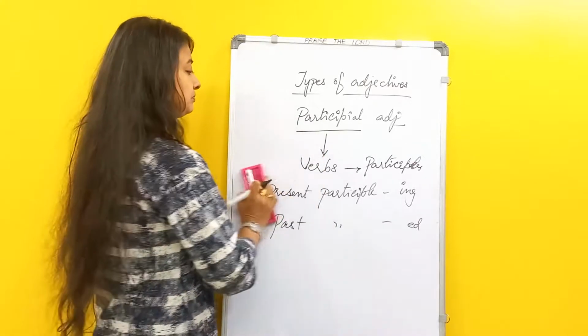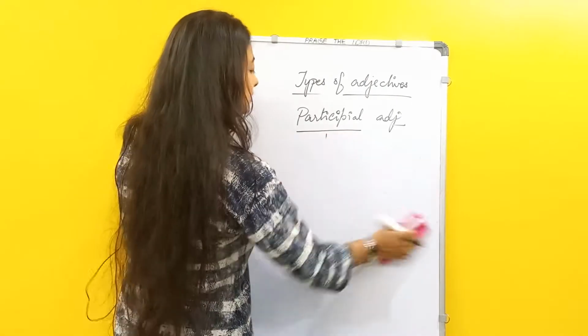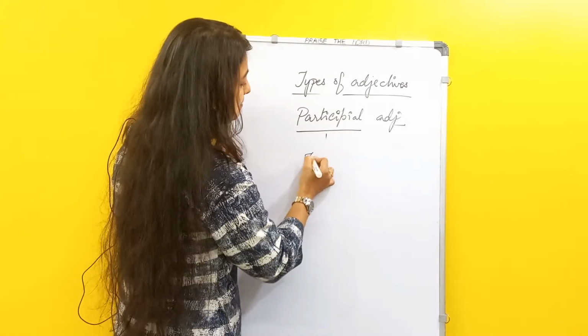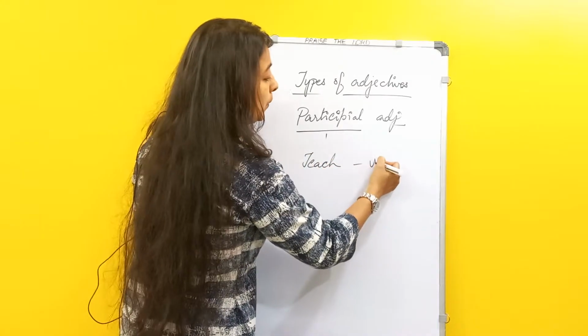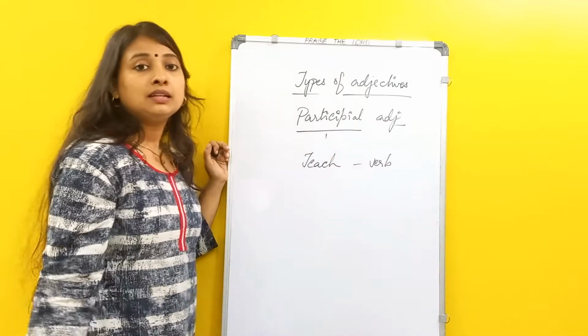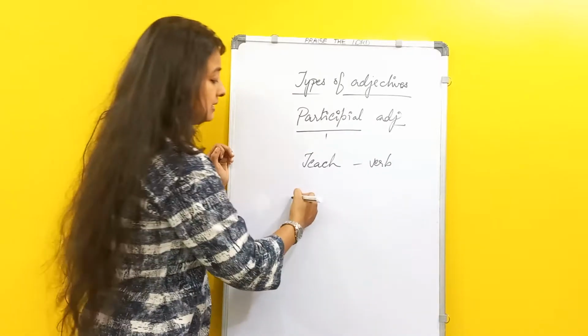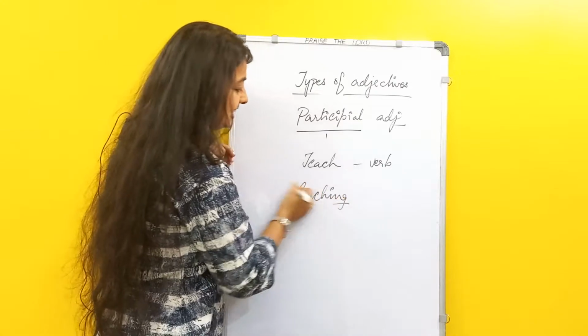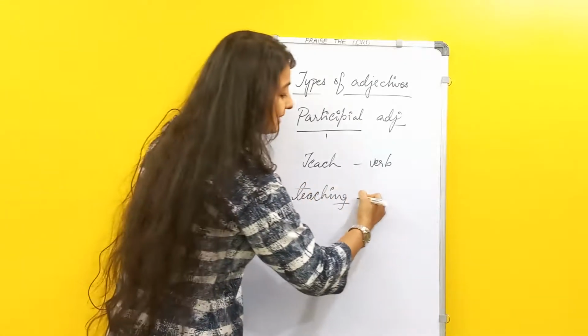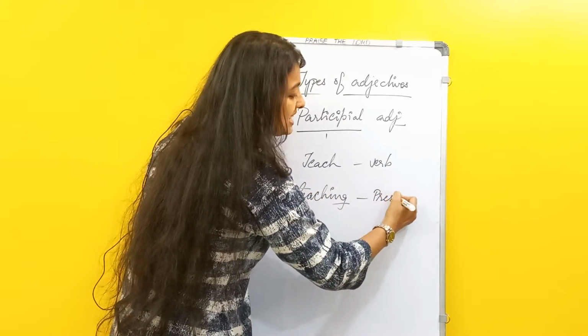Suppose I simply say teach. Teach is a verb. Now I added ing at the end, teaching. This is acting as a present participle.